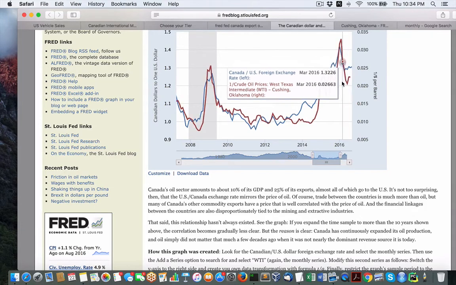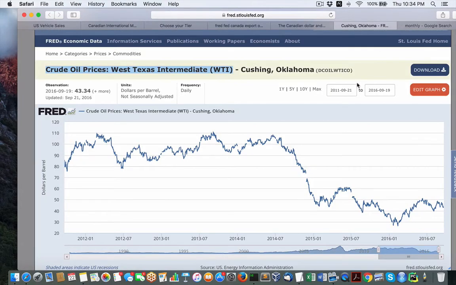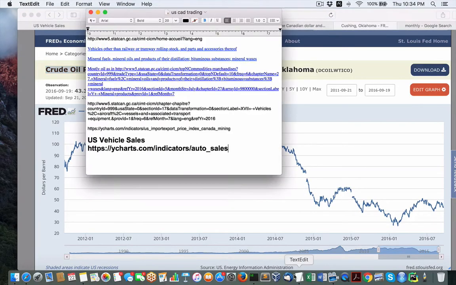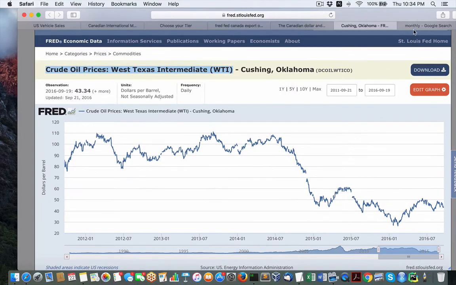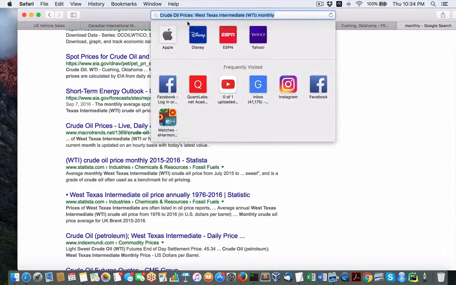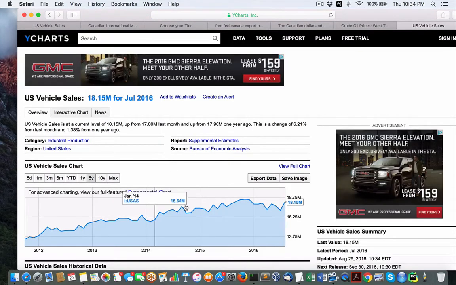from Canada. So the other thing that I wouldn't worry too much, but is this notion of vehicle sales in the U.S. that will probably translate back into how much product or how many vehicles or vehicle parts will be imported from Canada in the States, and that will be also correlated to the actual sales. So if I was to pull that chart up, you can see that there's been a steady increase in U.S. car sales.